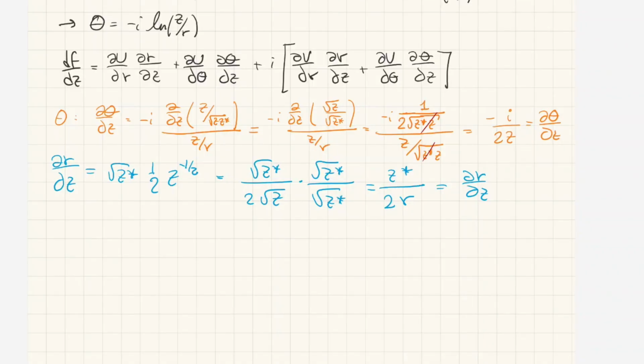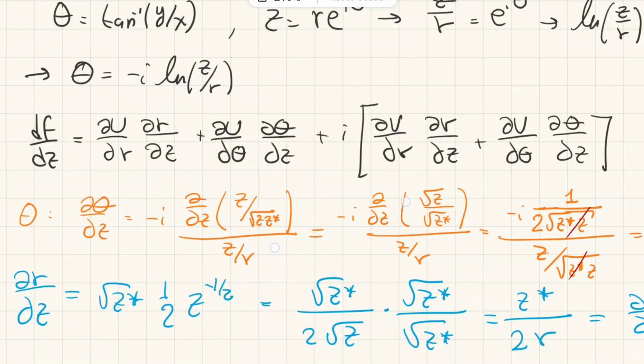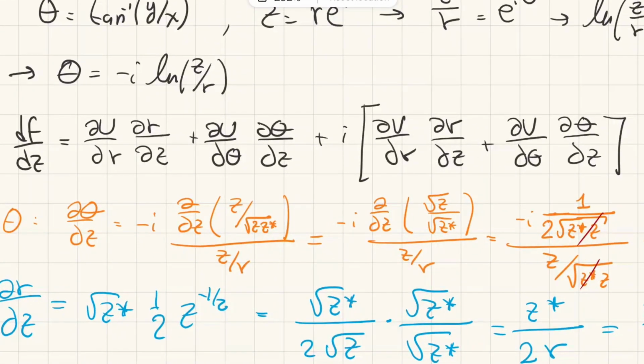The other thing that we are going to use is the Cauchy-Riemann equations in polar coordinates, right? Recall that this expression for the derivative of f has derivatives with respect to r and with respect to theta. We're going to be interested in showing an expression that only depends on the derivative with respect to only one variable, r or theta, right? So we know that to change the derivative, for example, from theta to r, we can use the Cauchy-Riemann equations.